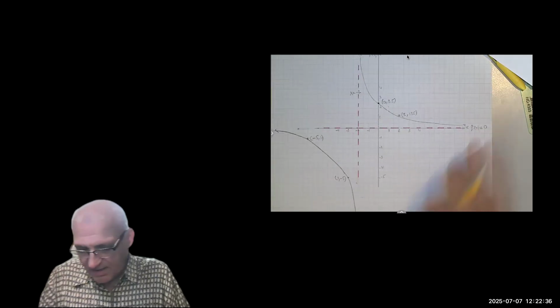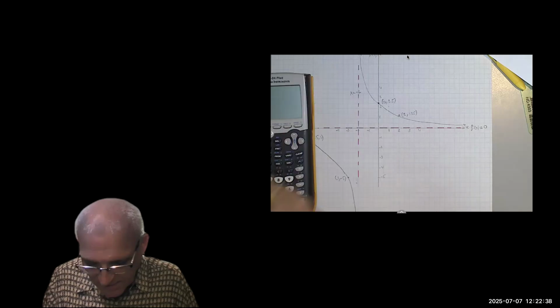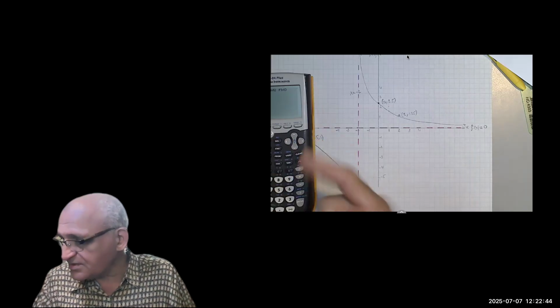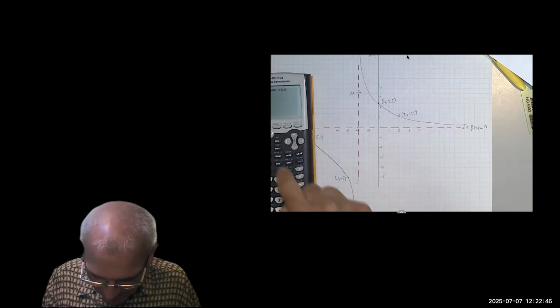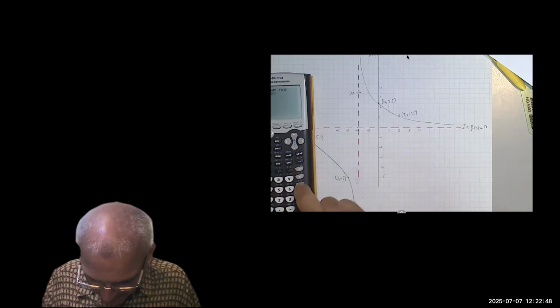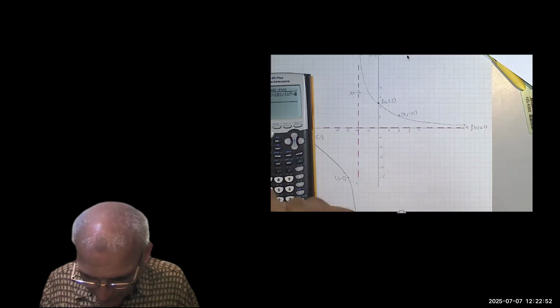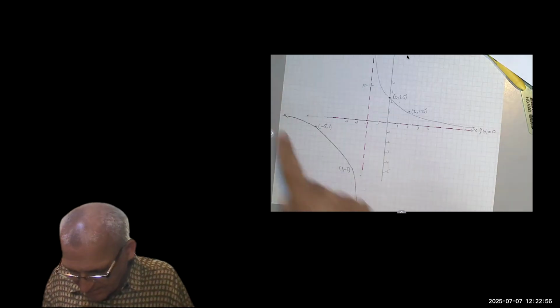Quickly, before I close, let's do that on a calculator. It's just one graph. We said 5x minus 10 divided by x squared minus 4. And I have to go slightly below -5.